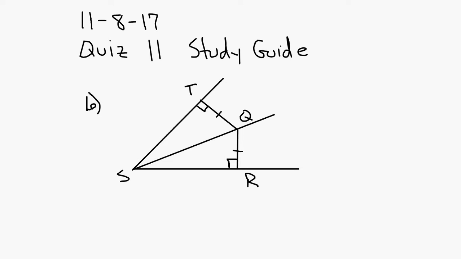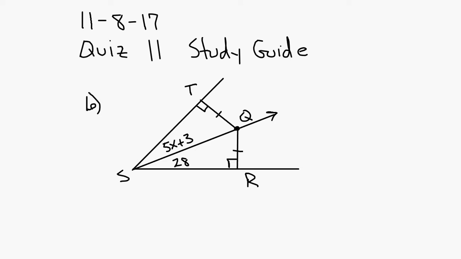Okay, it says that Q is equidistant from the sides of angle TSR. Find the value of x. That means that if Q is the same distance from both sides of the angle, then Q is on the angle bisector. So this is 5x plus 3, and this is 28.